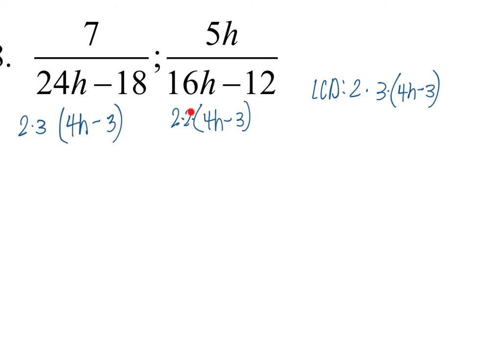But the power of 2 happens twice in one denominator, so it's 2 squared. To make our LCD 12, because 2 squared is 4, and 4 times 3 is 12, times 4h minus 3.